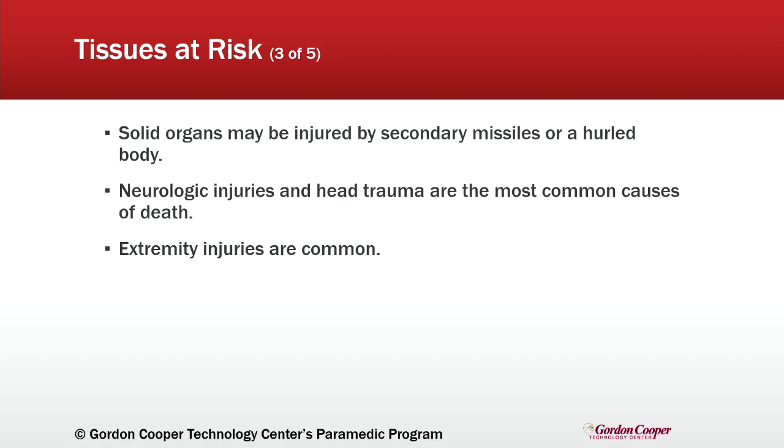And then we might see some neurological deficits, permanent or temporary, that may result from concussions, intracranial bleeding, or air embolisms. Extremity injuries, including traumatic amputations, are common in blast incidents, but they are still very survivable. We have many military veterans that have lost all 4 limbs in a blast and are still with us today.